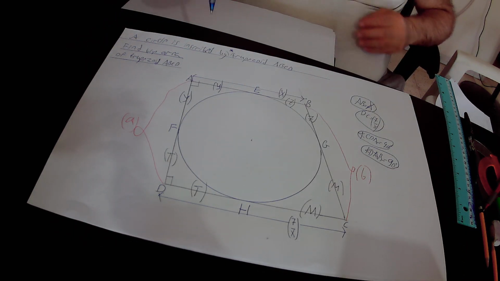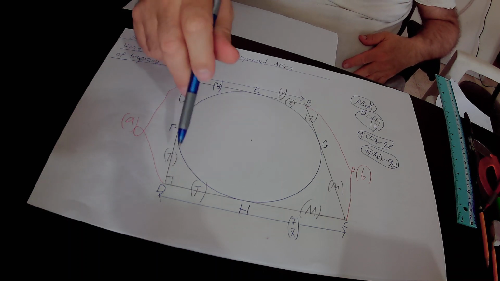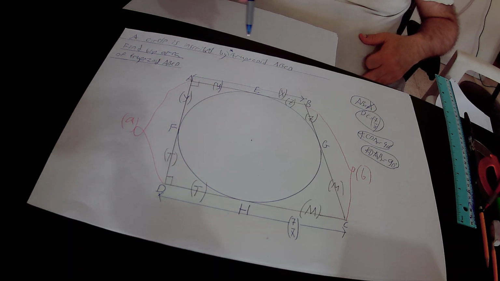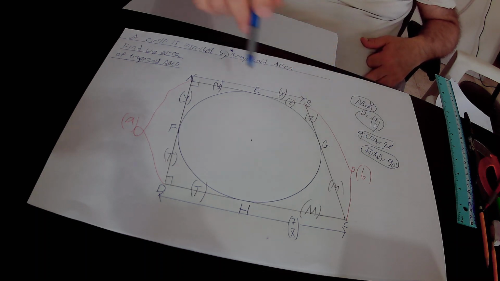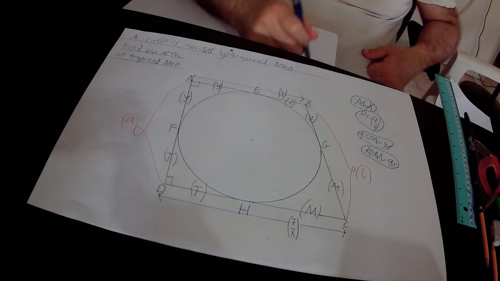Likewise, we join side AD of trapezoid ABCD to the opposite side BC. So what is the value of AD plus BC?